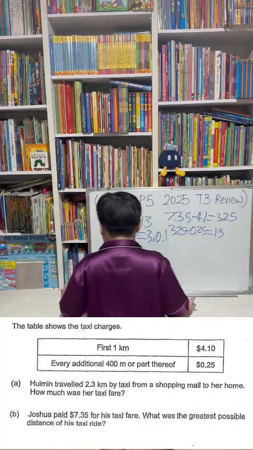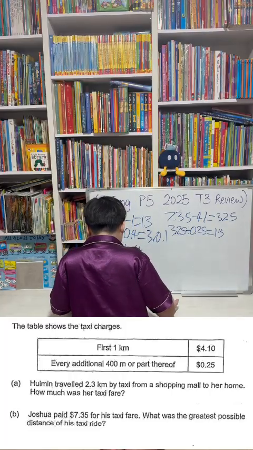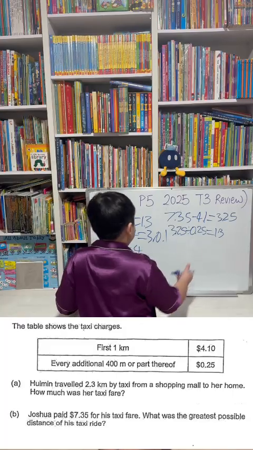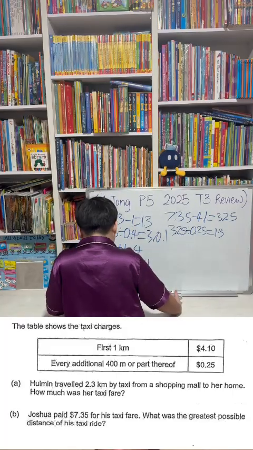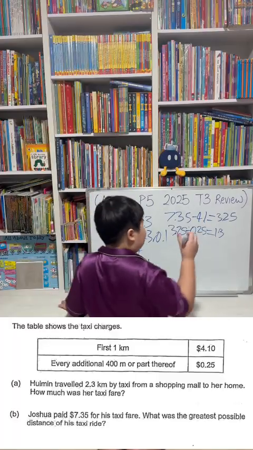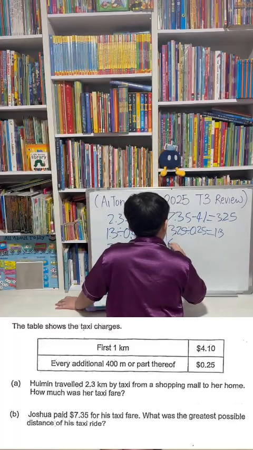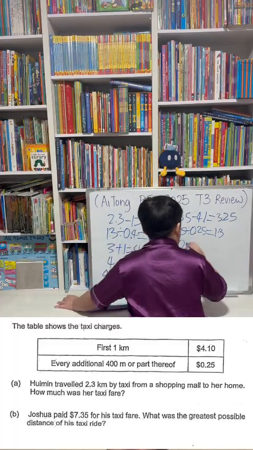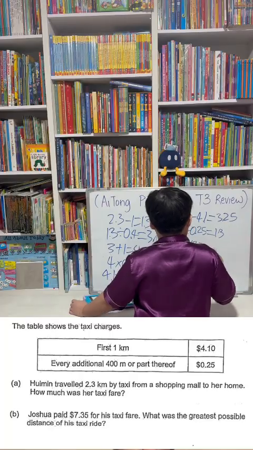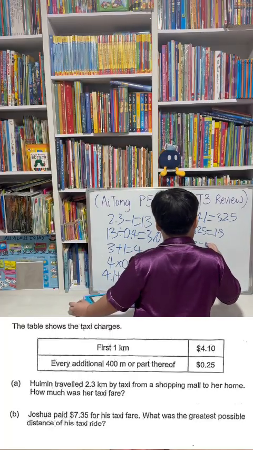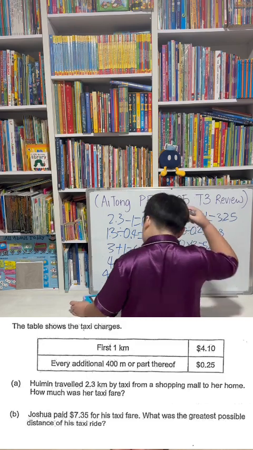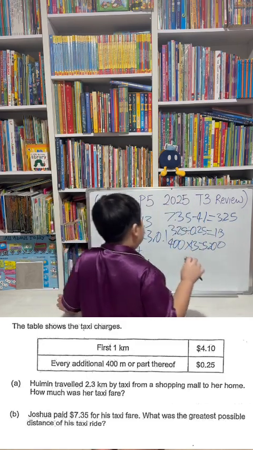Then we find the distance of these 25 cents additional 400 meters. We do 400 times 13 equals 5,200.